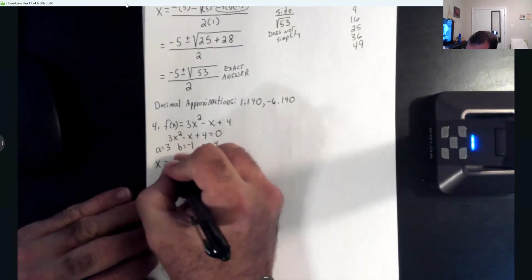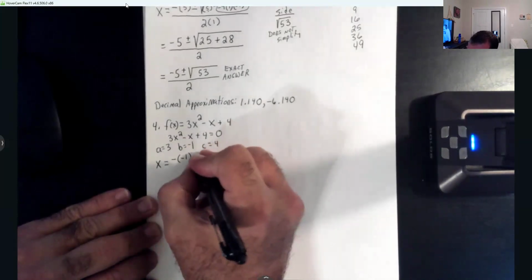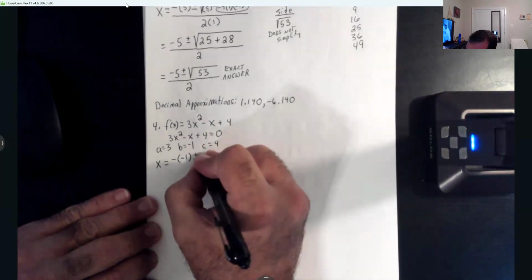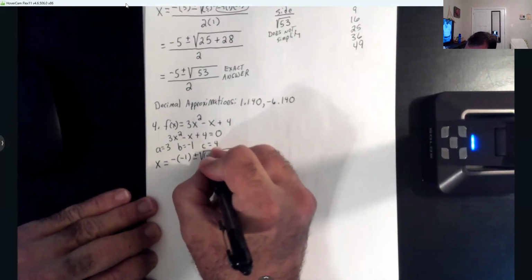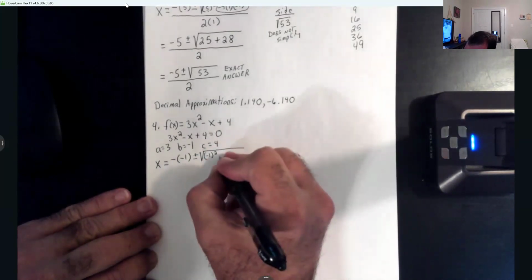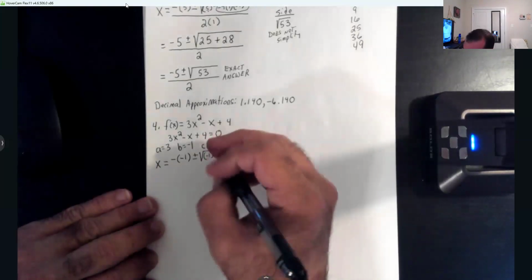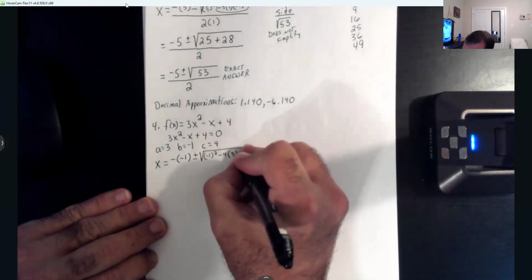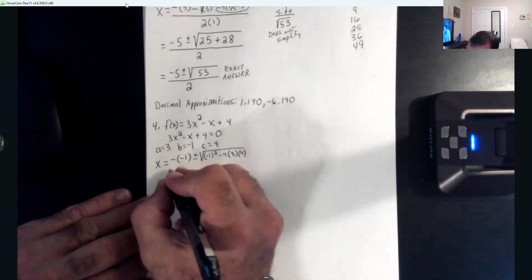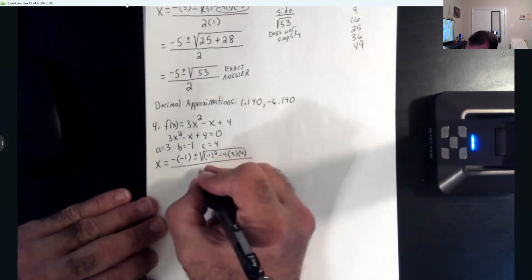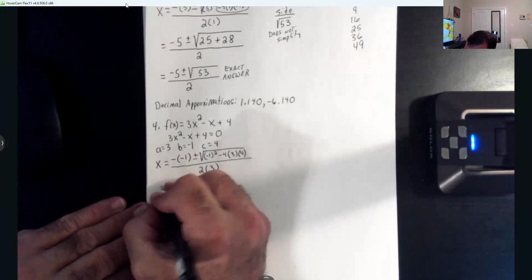X equals negative times B, which is -1, plus or minus square root B squared, which will be -1 squared, minus 4 times A, which is 3, and C, which is 4, all over 2 times my A, which is 3.